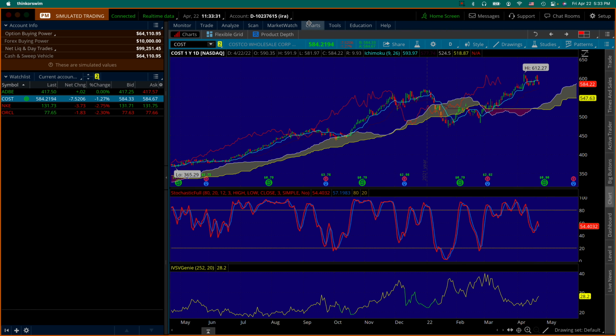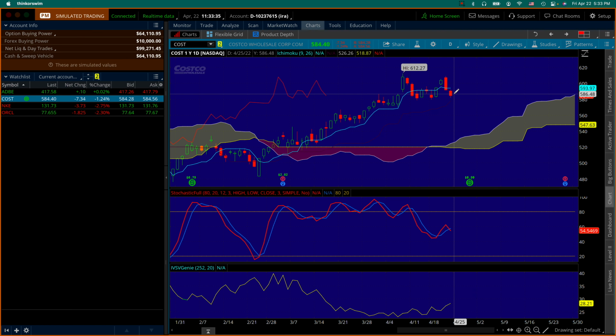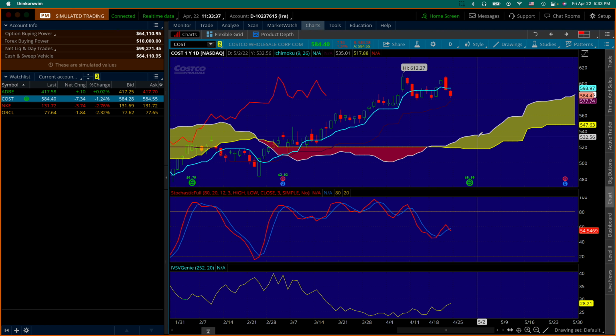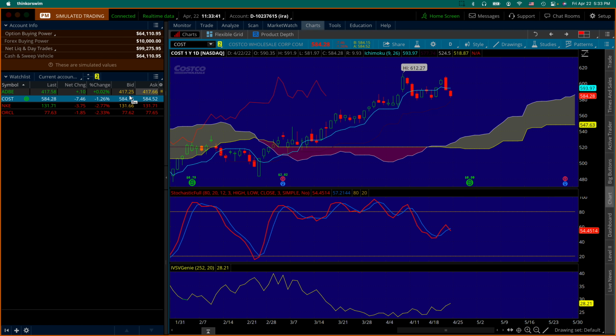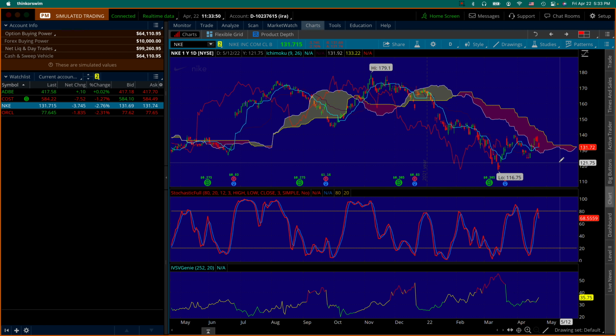Let's look at the chart. Oh, this is at the top of the market, and I think it will go to the Ichimoku cloud. Another indication that you're going to have a correction, because Costco is a big company, and so is Nike, and so is Adobe. These are big companies, and they're all pointing downward.